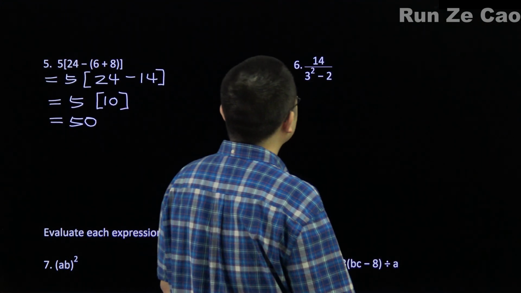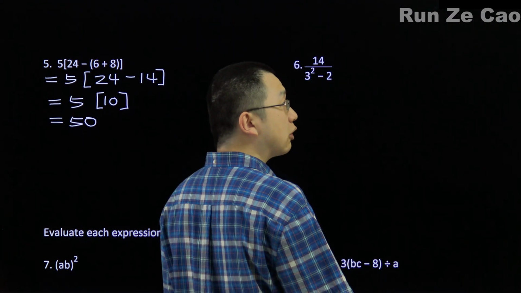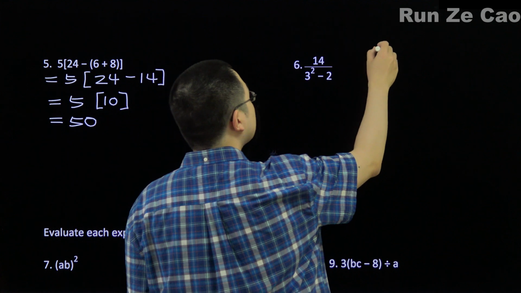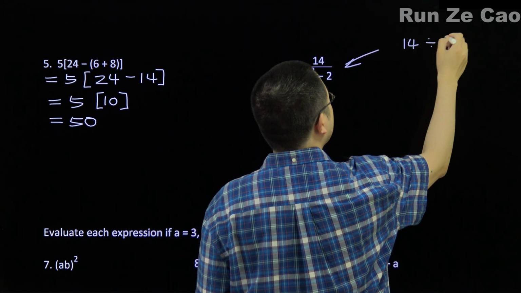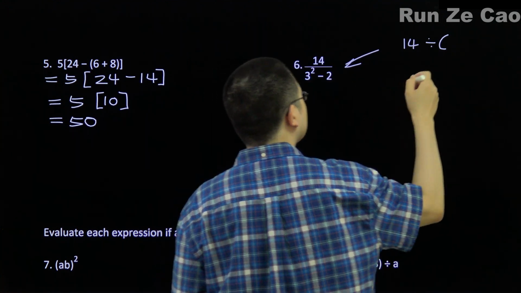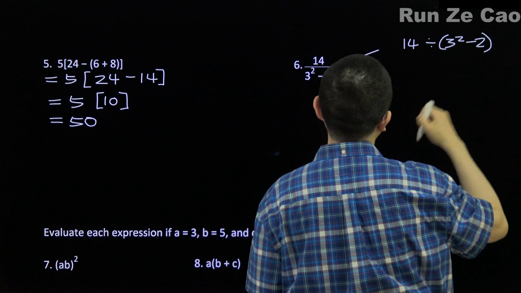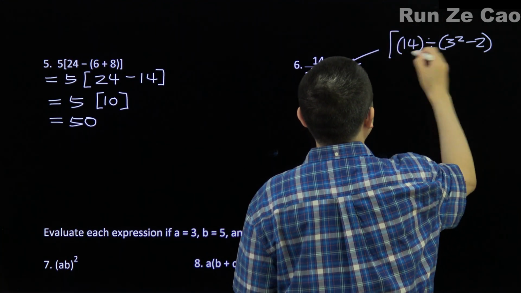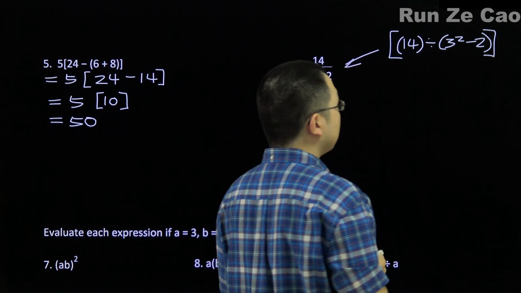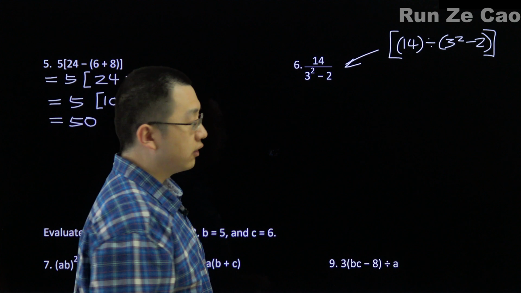Okay, what is this? Oh, hey, it's a fraction. What is a fraction? Well, it's the numerator divided by the denominator. In this case, that means 14 divided by, denominator needs to be mathed out first before we can actually do any division. Same with the numerator, though. So a fraction actually looks kind of like this if you want to expand it out into everyday notation.